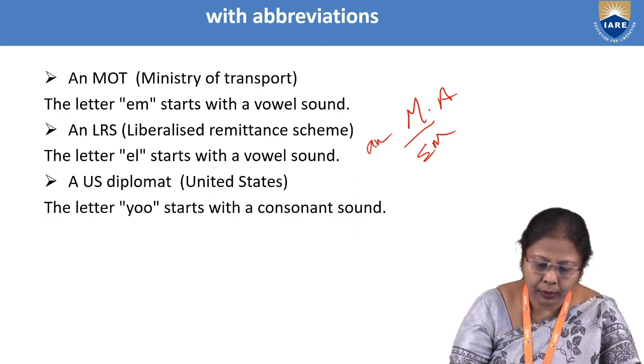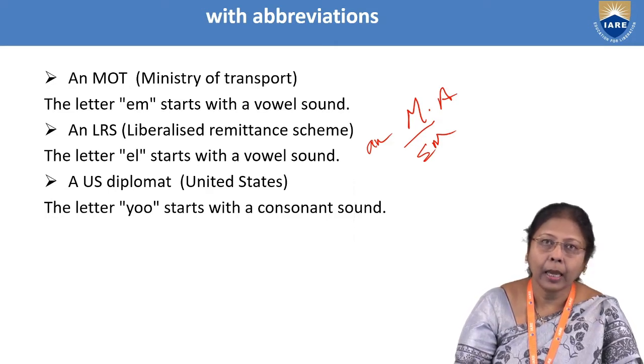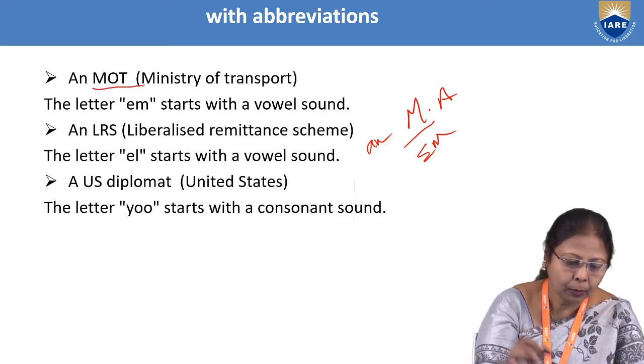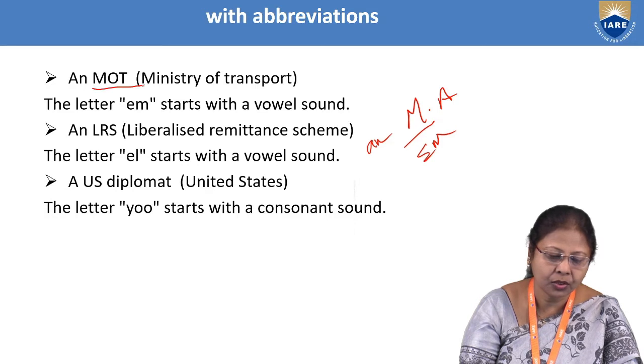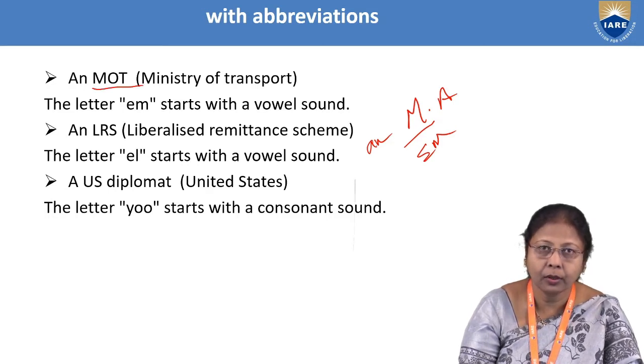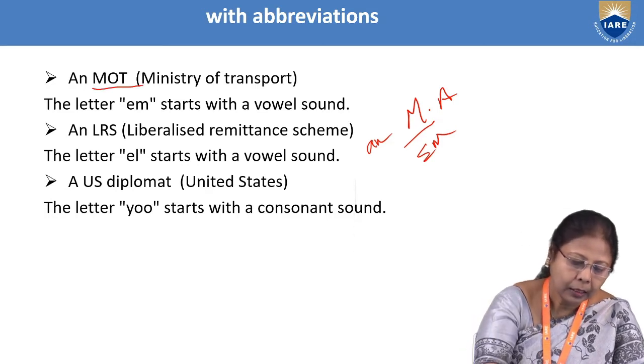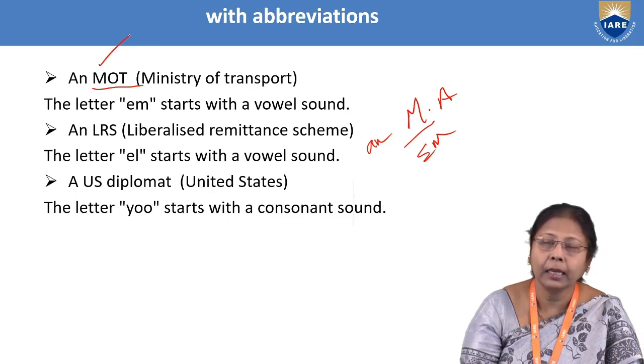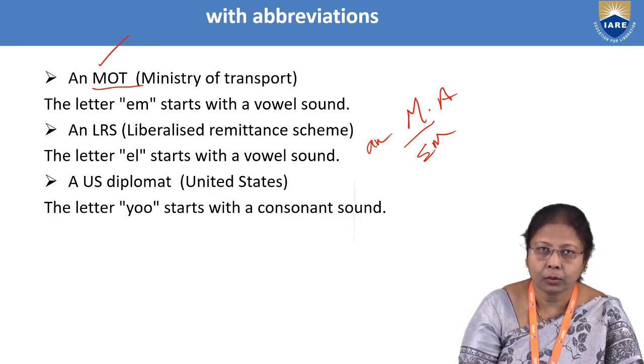So here one more thing I gave, see, MOT. The full form of MOT is Ministry of Transport. But here M starts with the expression EM. It's a vowel sound.